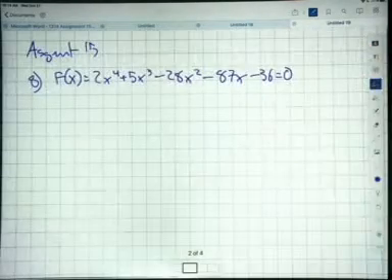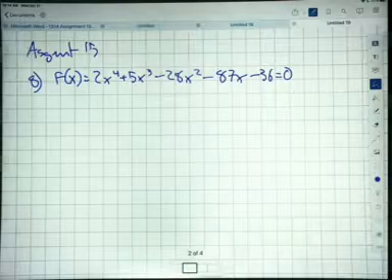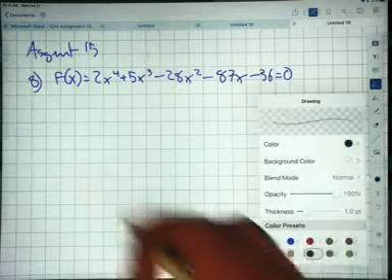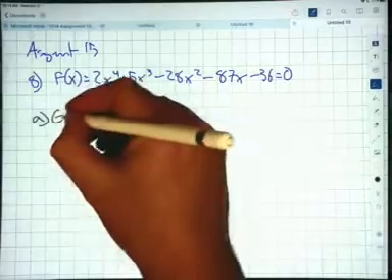All right. The very first question I'm going to ask is this. What is the end behavior?